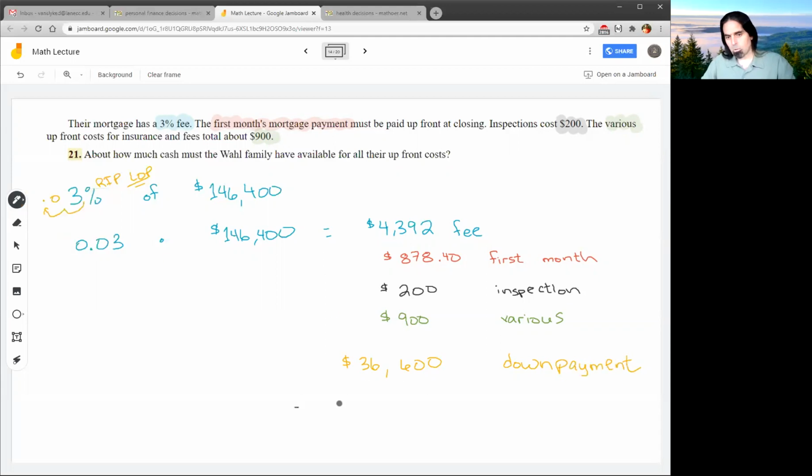Okay, now we add all that up. What do we get? 4,392 plus 878.4 plus 200 plus 900 plus 36,600. Okay, check on your calculator. I got $42,970.40.